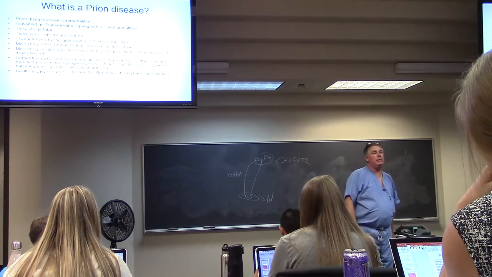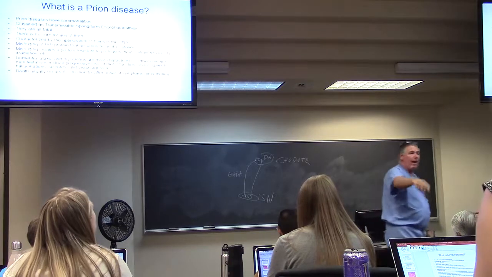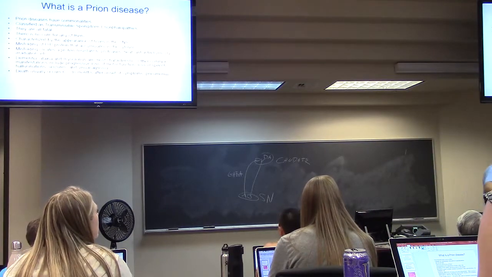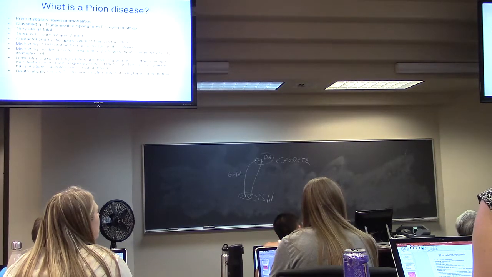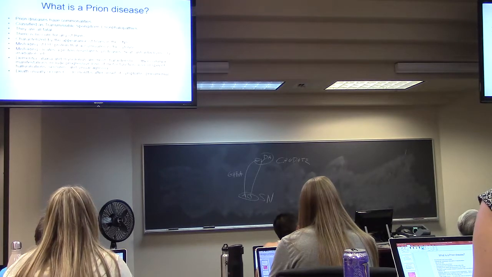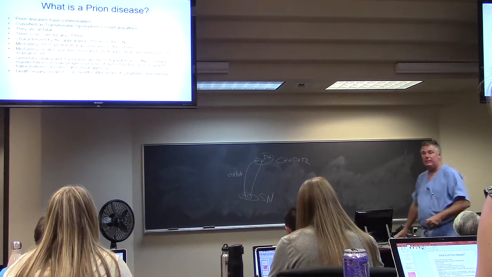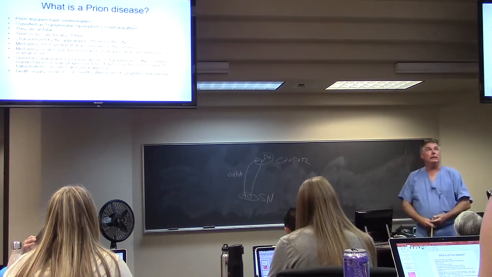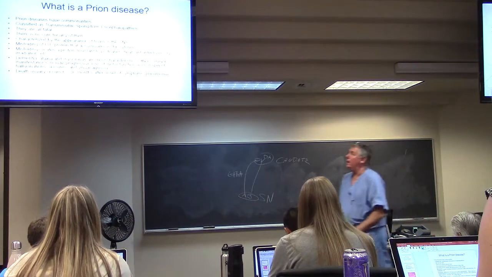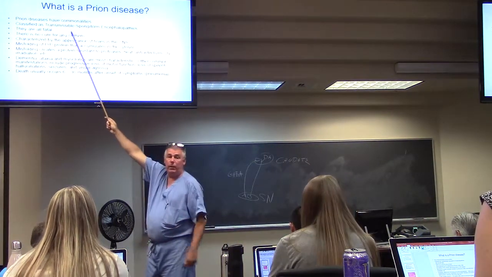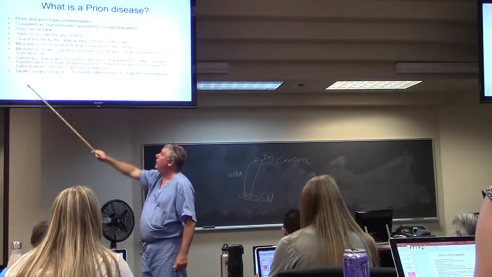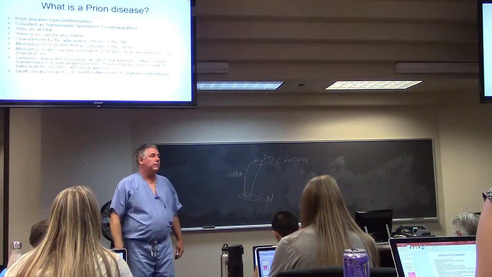So here's the thing: if you have this misfolded protein and I eat your brain, then now I've ingested the protein and it will start to work on me. So one of the things about this is that prion disease is infectious. They're classified generally as transmissible because it's infectious. All right? Misfolded protein, that's all it is.